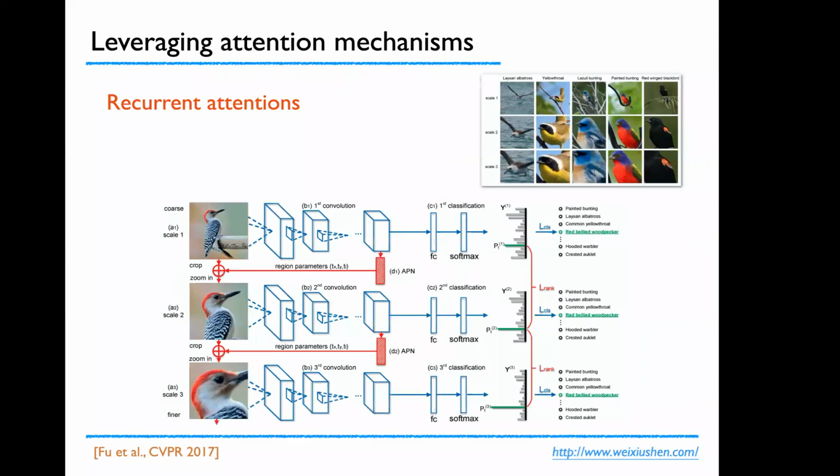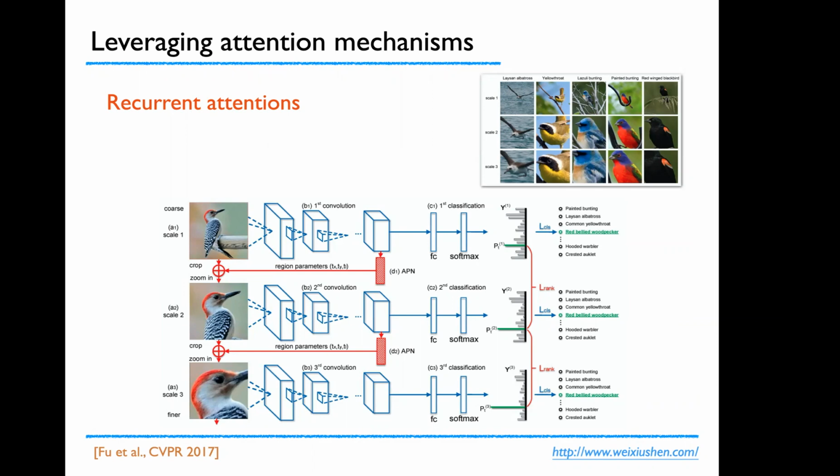In the literature, Fu et al. and Zheng et al. were the first to incorporate attention processing to improve the fine-grained recognition accuracies of CNNs. Concretely, RA-CNN, that is, recurrent attention CNN, uses a recurrent visual attention model to select a sequence of attention regions, and these attention regions can correspond to object parts.